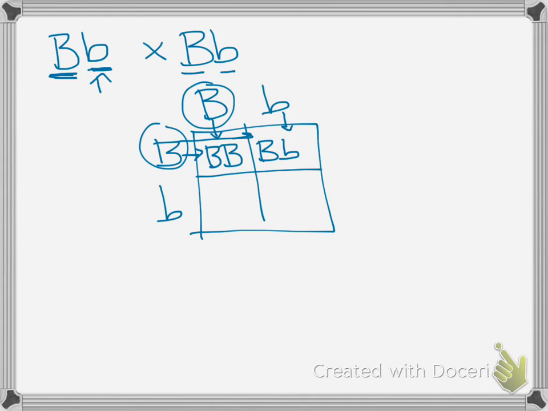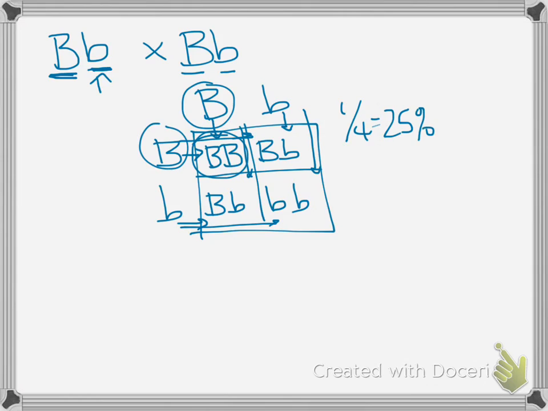The big B comes down from the top here, and the little b across from the side, and then this little b comes down here, and this little b goes across here, and these are my different possible genotypes for the offspring. So you can see that 1 out of 4, or 25% of the offspring will have two big B's, two genes for brown eyes.